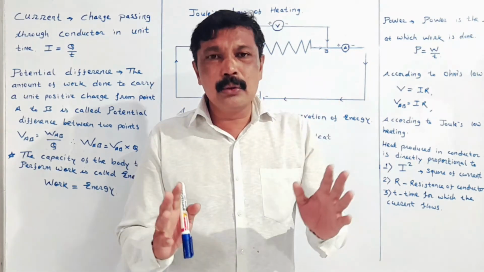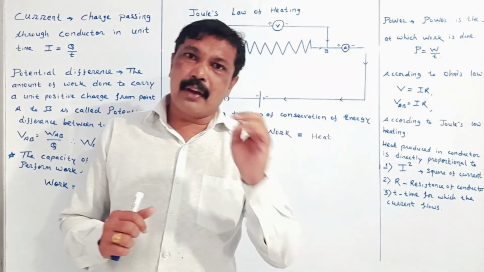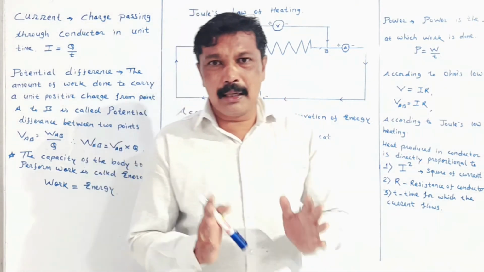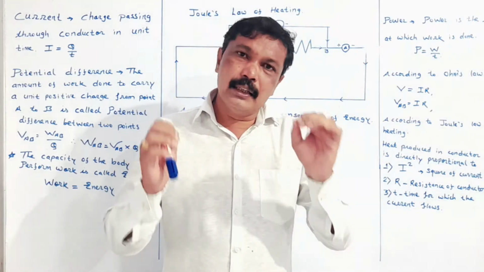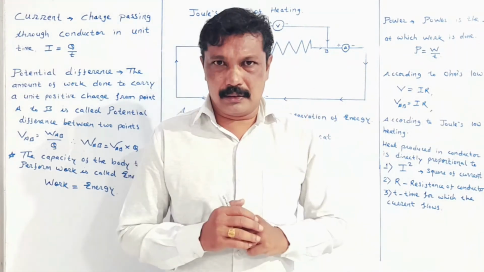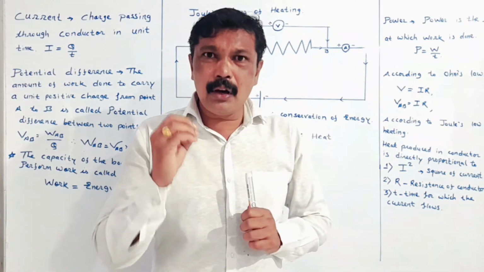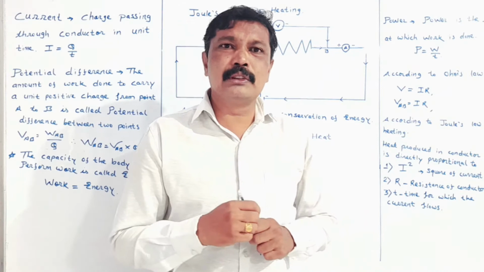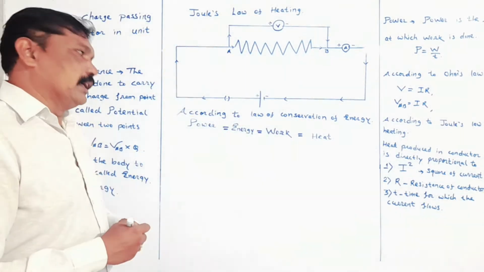According to the law of conservation of energy, energy cannot be created or destroyed, and the total amount of energy in the universe remains constant. So, using the law of conservation of energy, we will study Joule's law of heating.